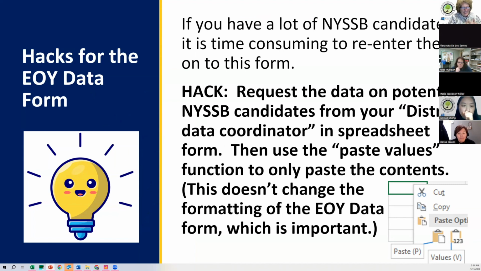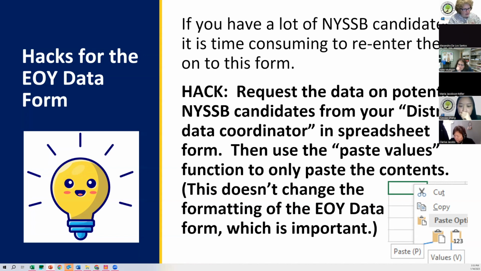And so a hack that we have for you is that when you request the data on potential SEAL candidates, such as their ELA Regents score, their grade in 11th or 12th grade English, their grade on an AP exam, ask your person who's giving you this data, whether it's the head of counseling or your district data coordinator, to provide it to you in a spreadsheet. They can work with this data and often export it to Excel. And then what you're going to do is just copy and paste it into the form.